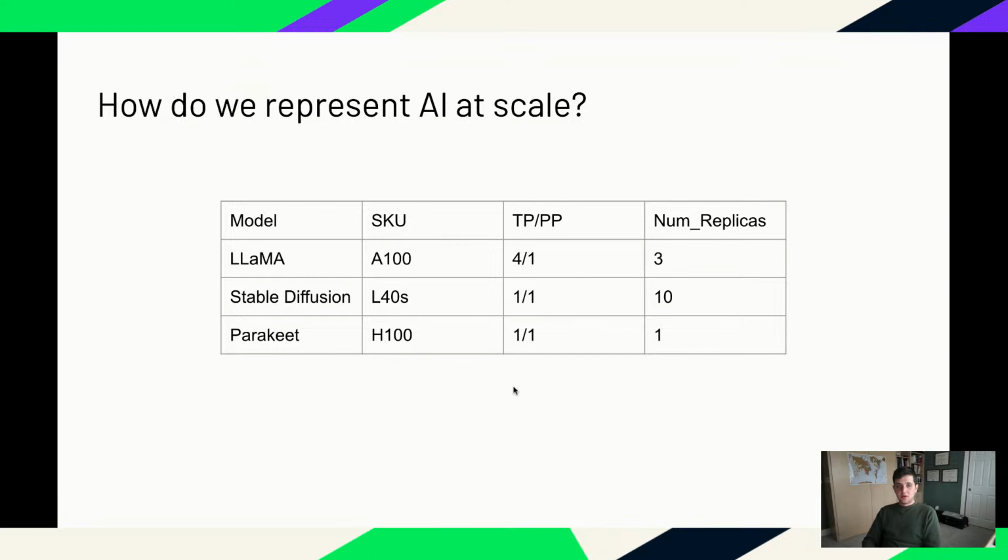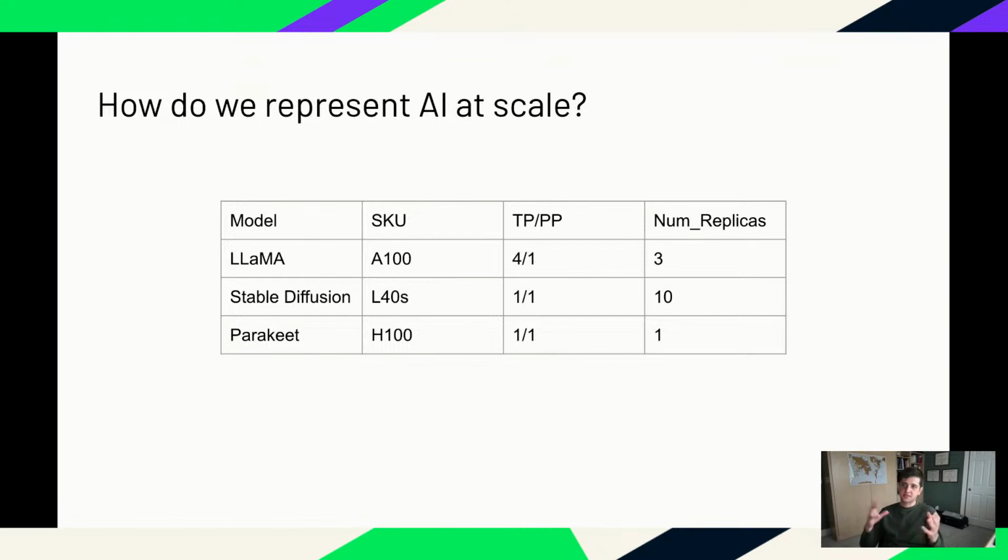And in the end, it reduces to a table that looks something like this. The data center scale view of inference reduces to something like this, where you have a model that is running on a specific SKU with a specific tensor parallelism and pipeline parallelism and a specific number of replicas.